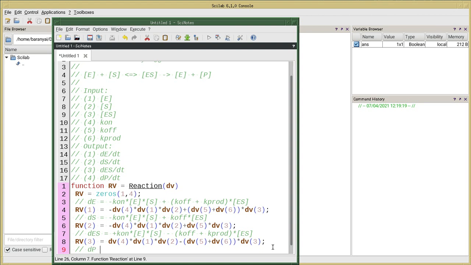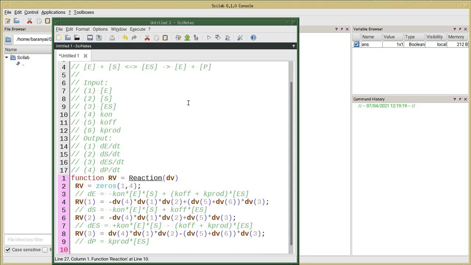And then the production, how it is coming, it will be the kinetic constant of the production multiplied by the enzyme substrate concentration. This is the only way they depend, and this is only a one directional reaction, so it doesn't form back, doesn't make back the enzyme substrate complex.